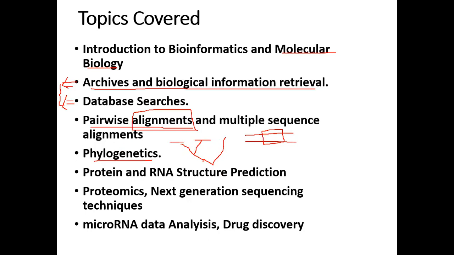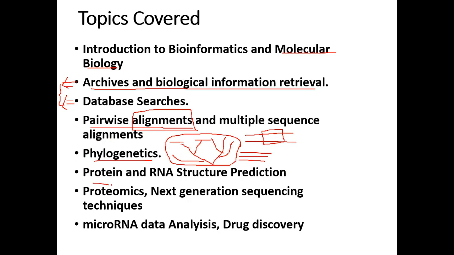So likewise, they develop gene trees like this, or phylogenetic trees, looking at this relationship. So that is called phylogenetics. So what are the techniques available to develop this kind of trees from gene related or other data? That would be discussed in phylogenetics.